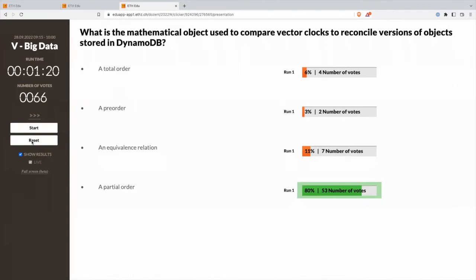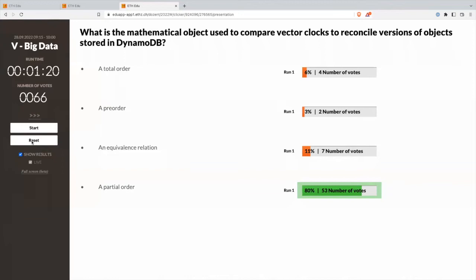Anti-symmetry, yes, and the third one? It means that X and X always compare successfully. Not symmetric. Reflexive, exactly, that's reflexive. So it's transitive, anti-symmetric, and reflexive.